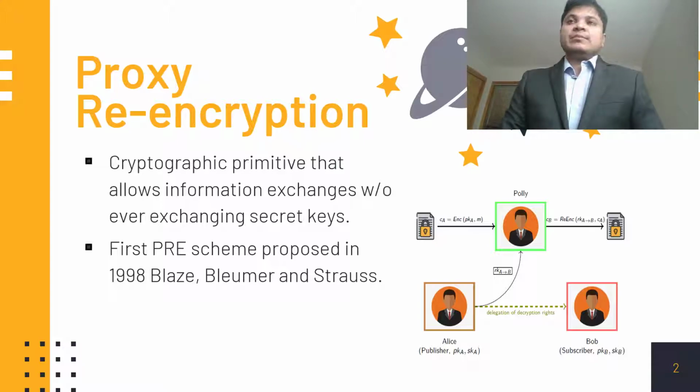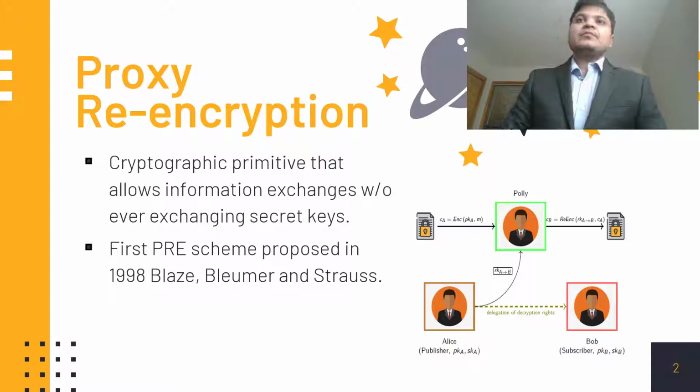To recall it briefly, PRE is a cryptographic primitive which allows users to exchange confidential information without ever exchanging the secret keys. And that is the most interesting part about it.